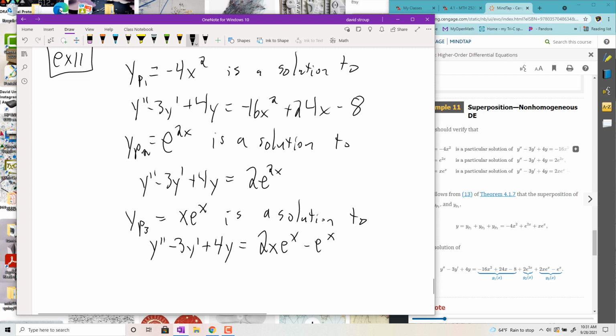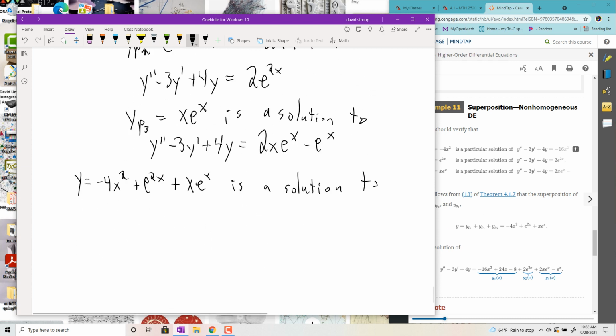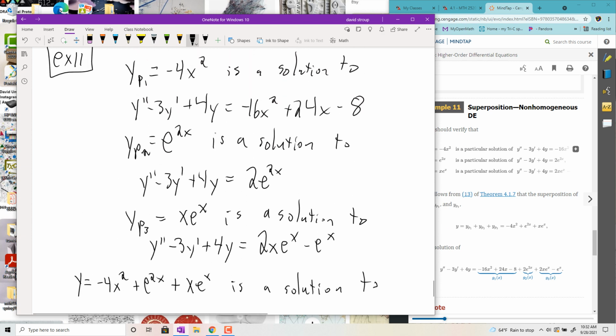So it'll turn out that y equals negative 4x squared plus e to the 2x plus x e to the x is a solution to a different differential equation, which on the right-hand side has the sum of those three different g of x's.